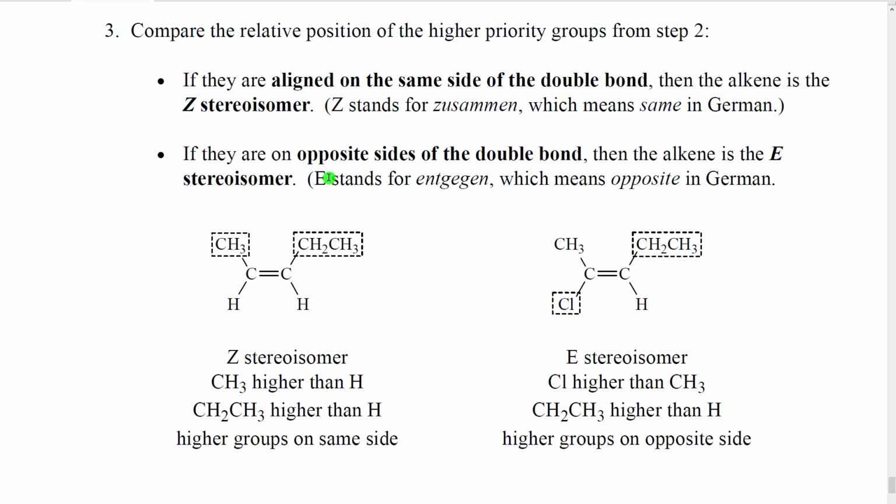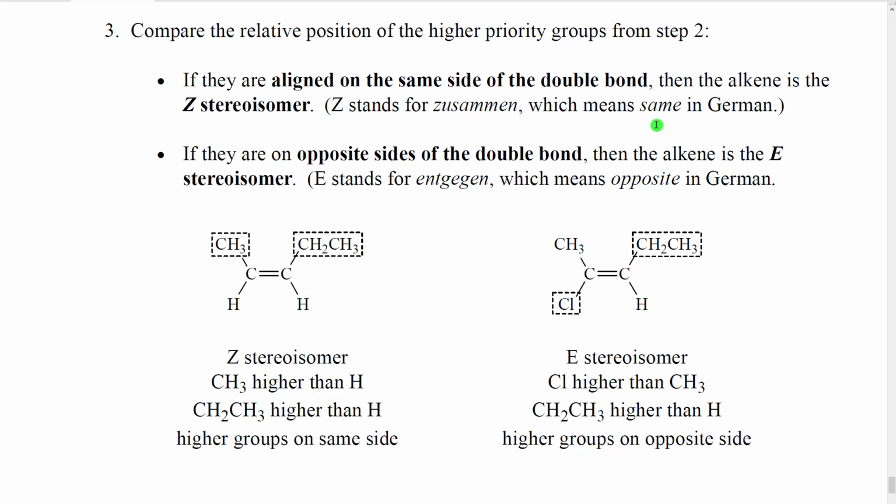Now, for us, this can sometimes be a little hard to remember. This is exactly the kind of thing that I personally struggle with, so I have to invent little tricks to remember these kinds of things. In this case, what I do is I say this. The groups will be Z when they are on the same side of the double bond.